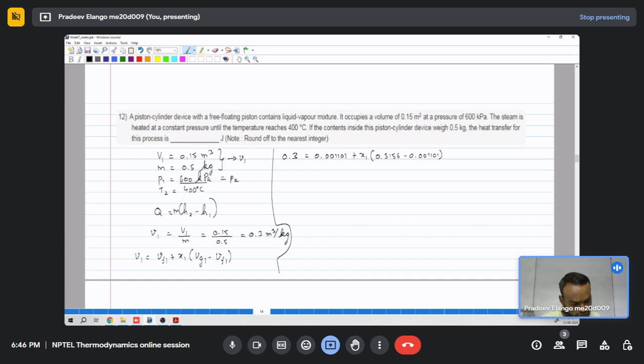Now I can approximate Vf to be 0, then I will have x1 as 0.3 divided by 0.3156. So that gives me a dryness fraction of 0.950.